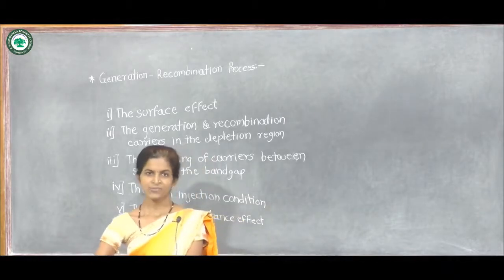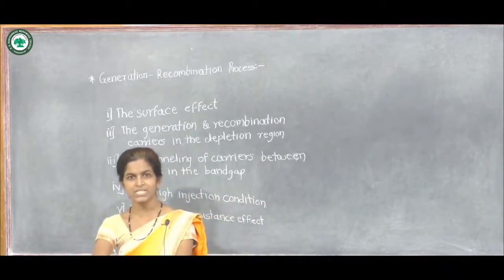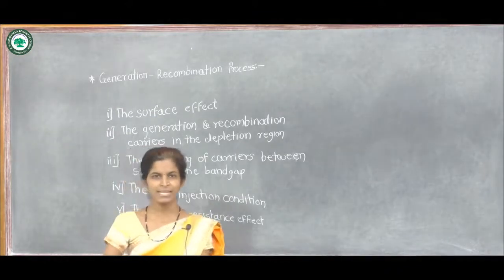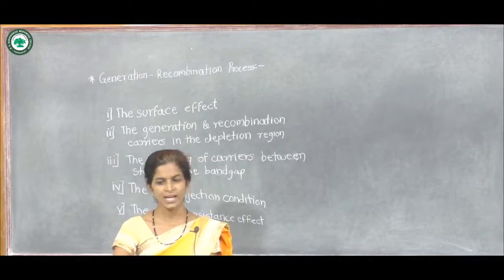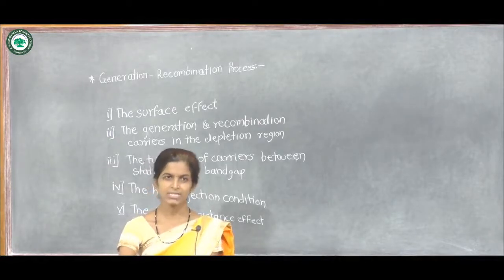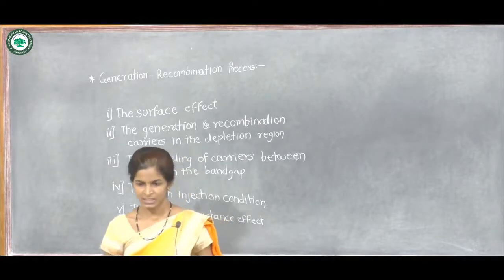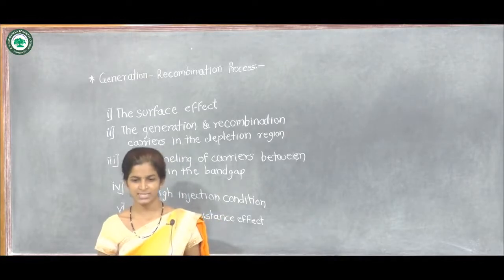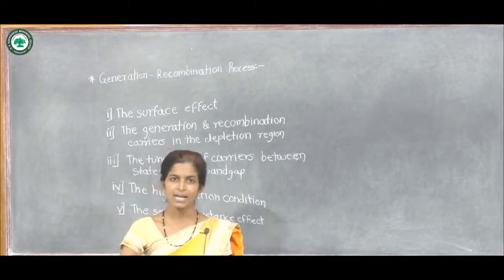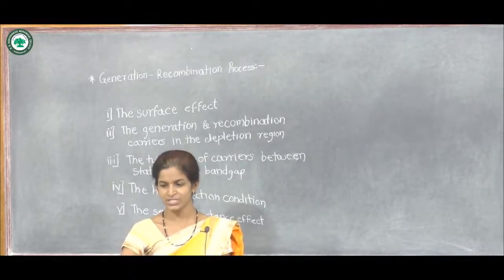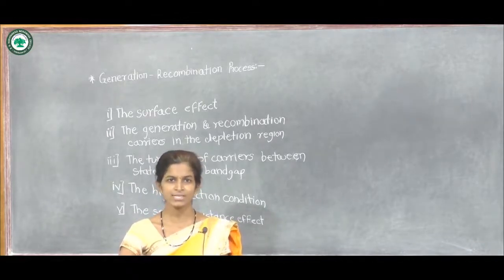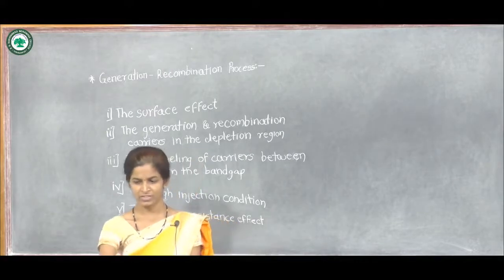The surface effects of PN junction are due primarily to the ionic charges on or outside the semiconductor surface that induce image charges in the semiconductor and thereby cause the formation of surface channels or surface depletion layer regions.